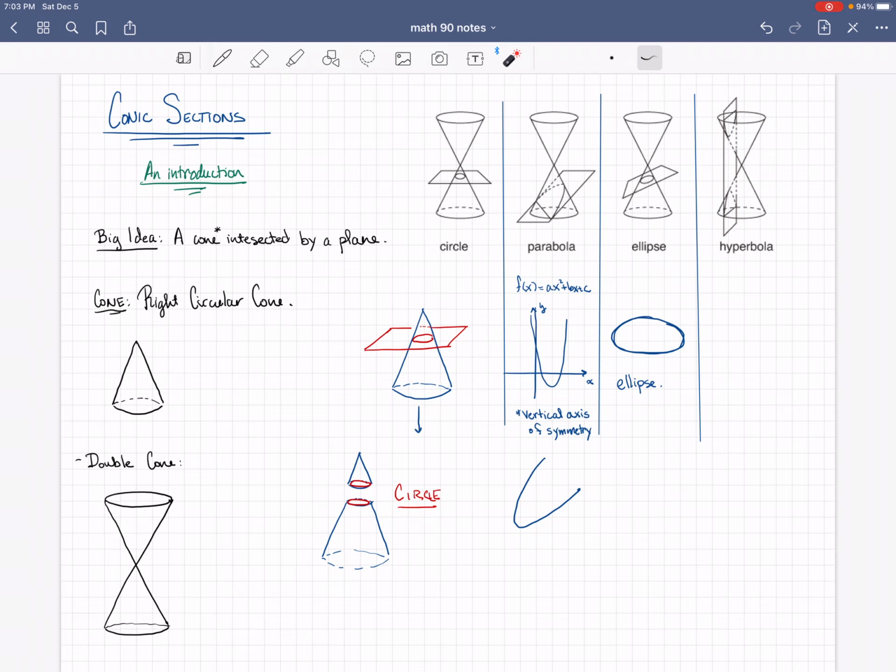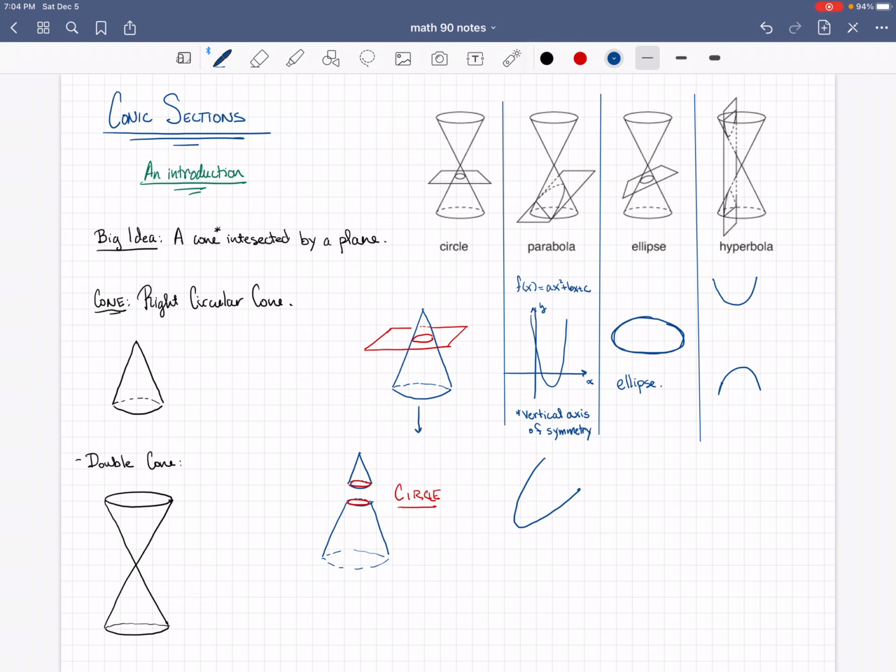We end up with two pieces getting cut off, the little piece here, like so, and the little piece here, right? And the cut side actually has two lobes. So a hyperbola looks like this, or you can also orient it the other way. So if you can imagine your cones lying down, your hyperbola might also look the other way.